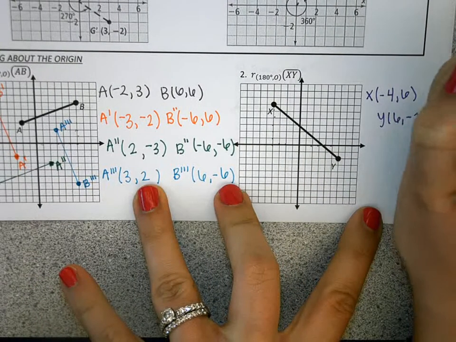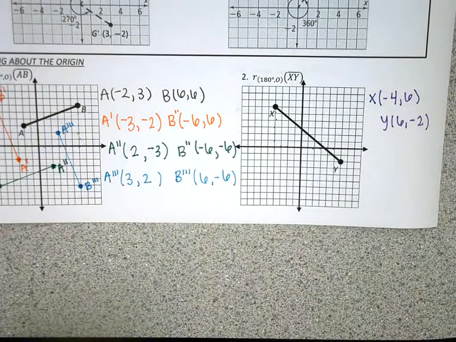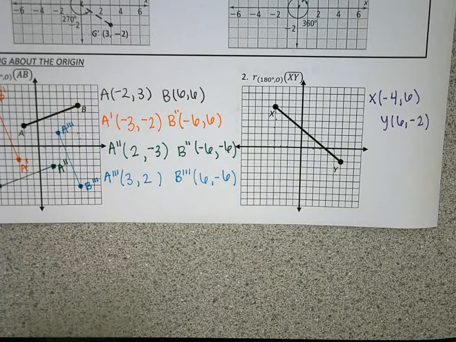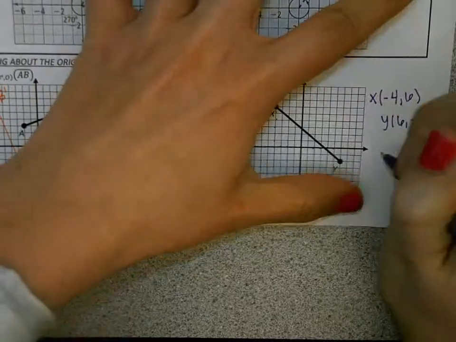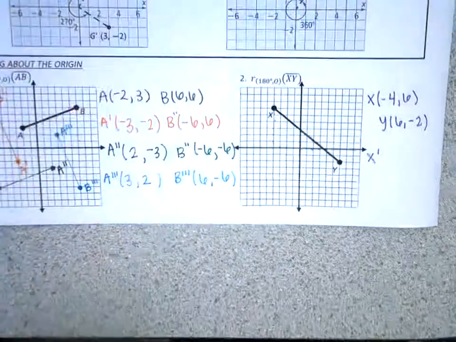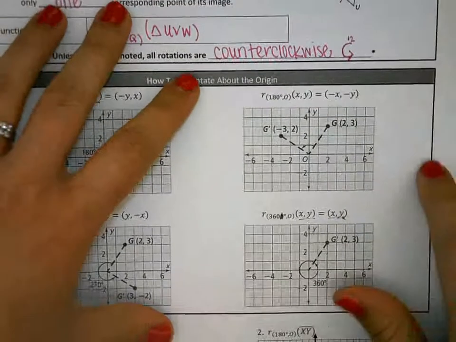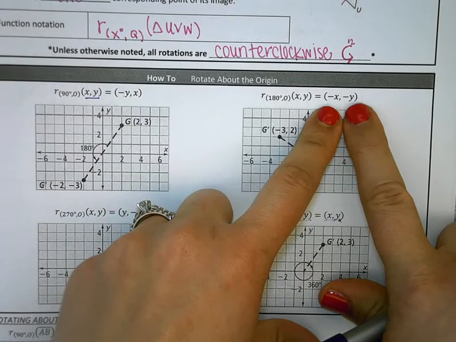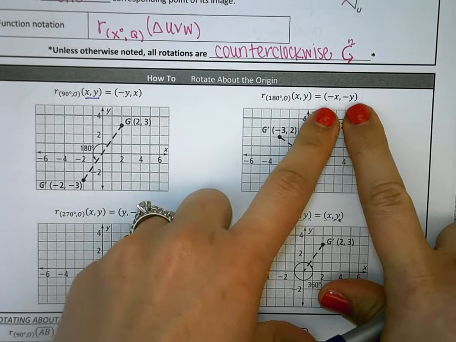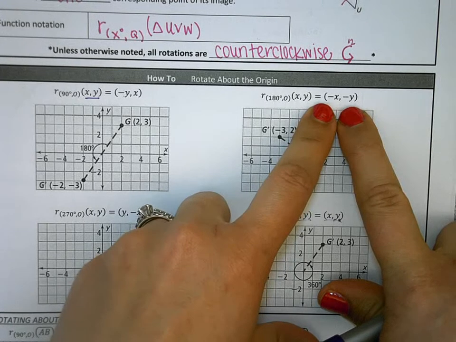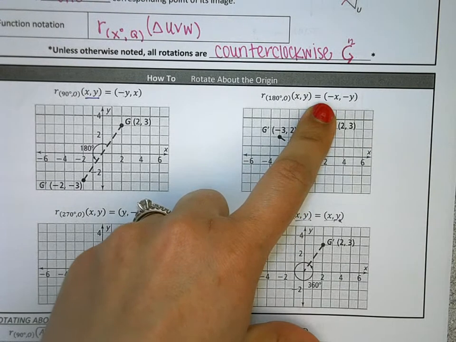And then using the rule, I write out what X prime, Y prime are going to be. So let's look at our box. Do the X and the Y switch places at all? No. But they both have negatives attached, so that means we change the sign of everything, right?